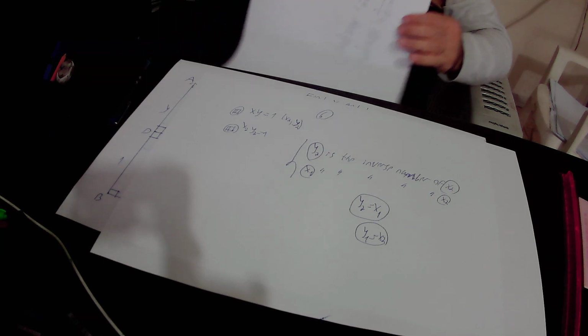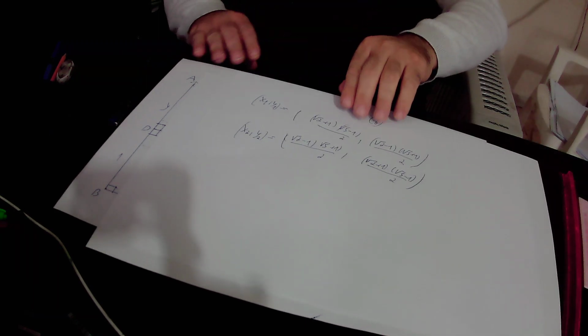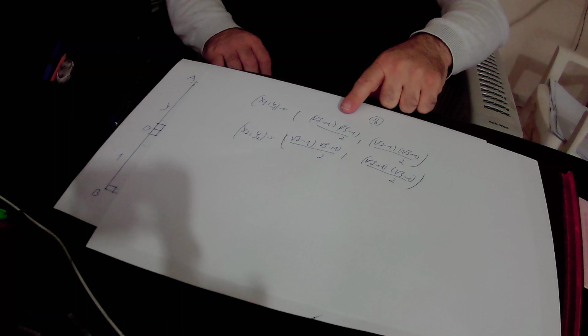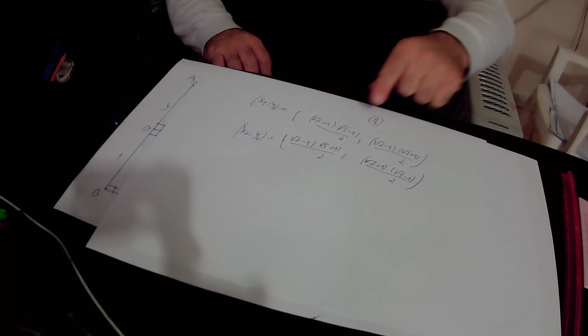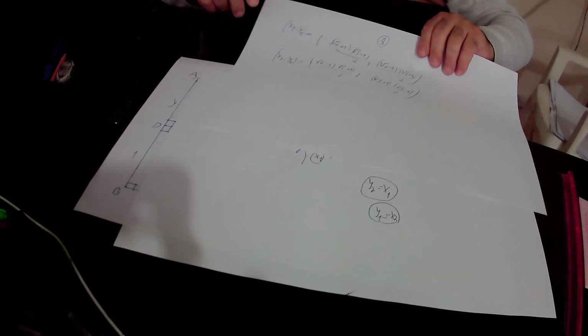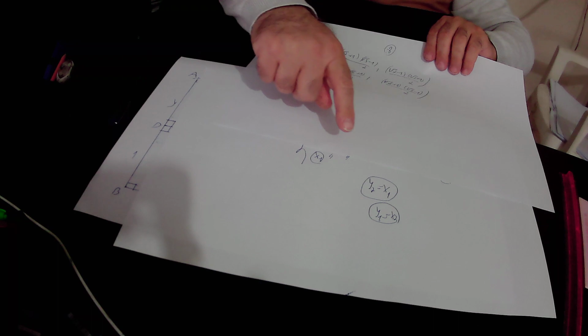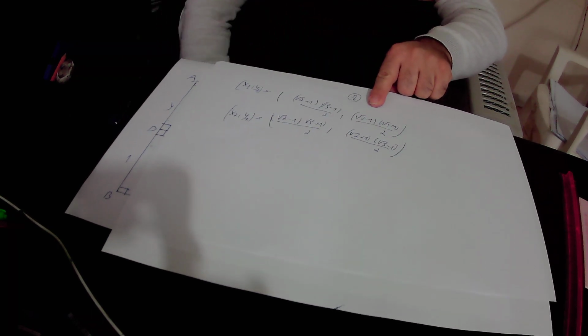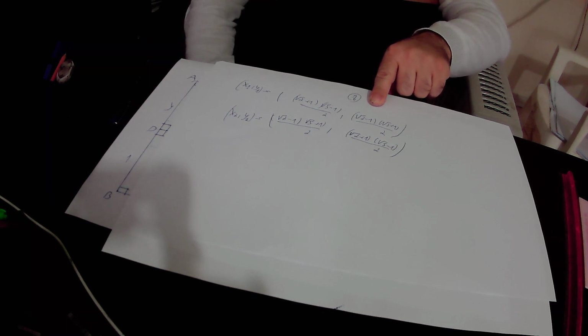So the solution to the question is x1, y1, where x1 equals (√2 + 1)(√5 − 1) over 2, and y1, we have already found out that y1 equals x2, that is to say it equals (√2 − 1)(√5 + 1) over 2.